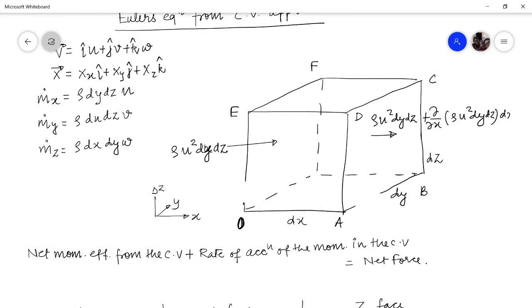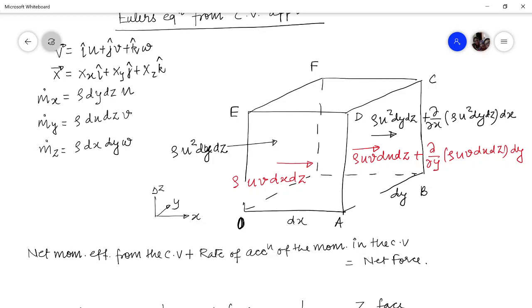Okay, now the one entering the y face but in the x direction is rho uv dx dz, and exiting from the y face, after a distance dy, it will be rho uv dx dz plus del by del y of rho uv dx dz times dy.